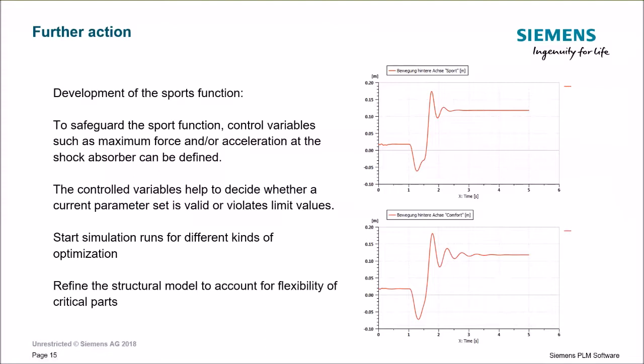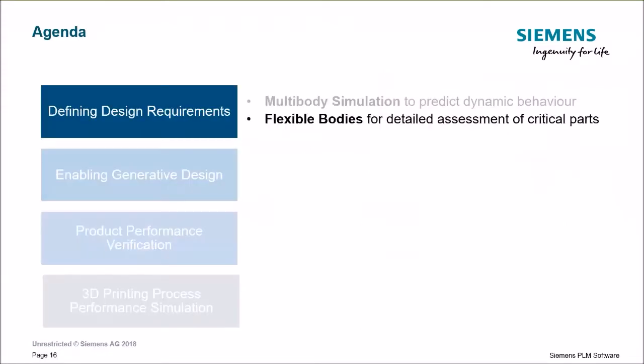you can observe using motion simulation, but you can also extend this to more complex problems by applying, for instance, flexible bodies. Flexible bodies are needed if you want to achieve certain goals, like, for example, increasing the accuracy of your forces and your velocities acting on certain parts.